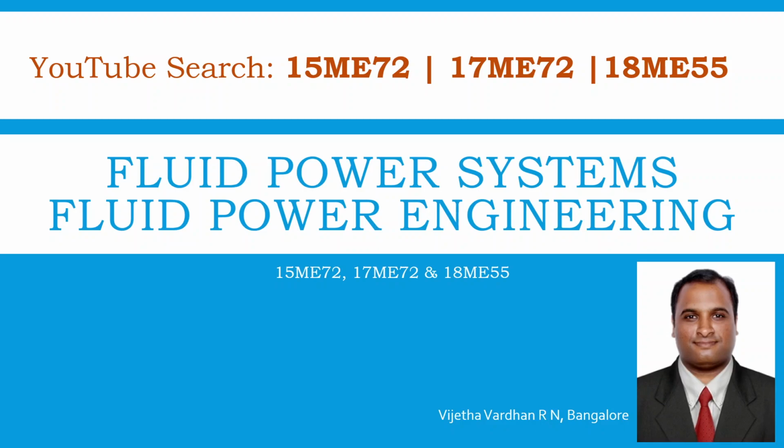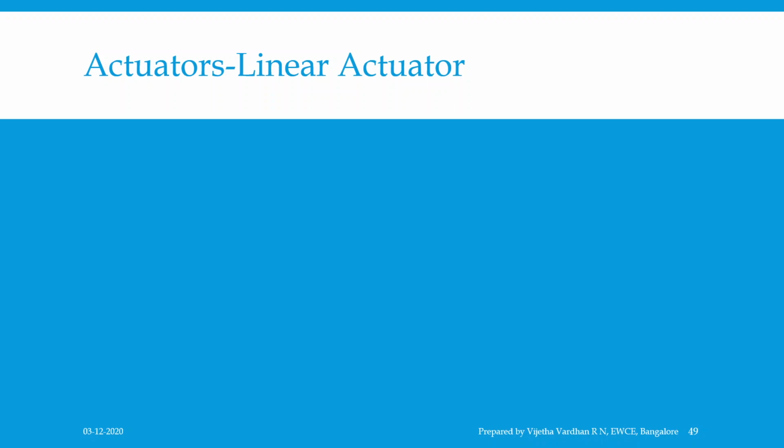Now let's start session number 80, which is on actuators. Hydraulic actuators and hydraulic motors are hydraulic power utilizing devices of a hydraulic system. An actuator is one which has motion or for which motion can be imparted.